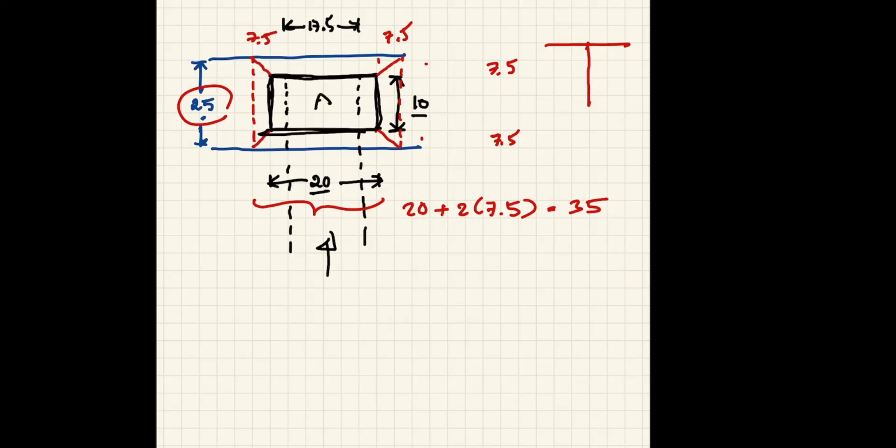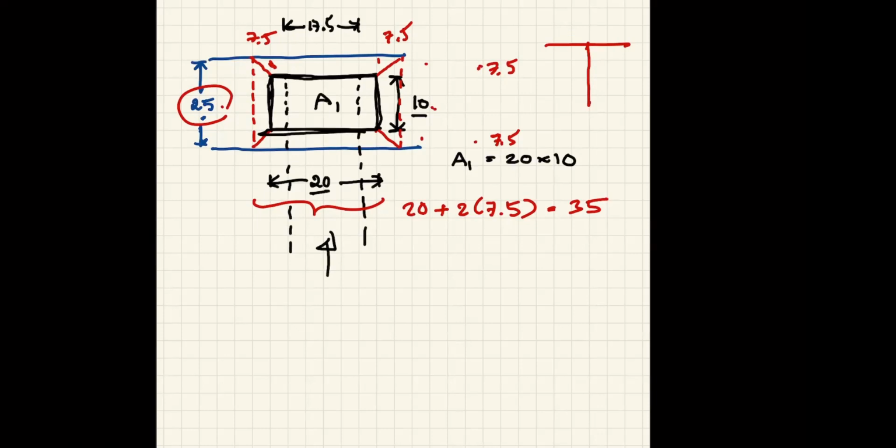A1 is of course 20 by 10. And A2, because the concrete is 25 centimeters wide, so we can just go on the side by 7.5, because if it's 25, the width of the steel plate here is 10, so that leaves 7.5 on top and at the bottom.